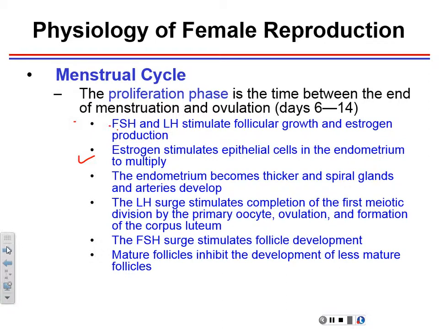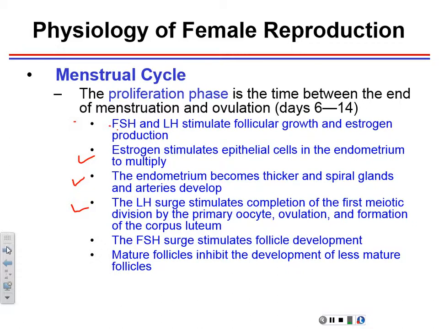Then the progesterone will start to cause the spiral organs to form and glands to form. So progesterone is mostly responsible for the glands that would then be active in the secretory stage. From day 5 or 6 to about day 14 is the proliferation phase.